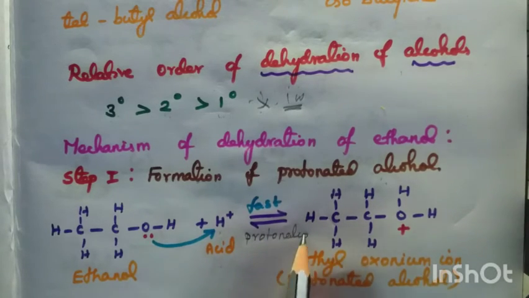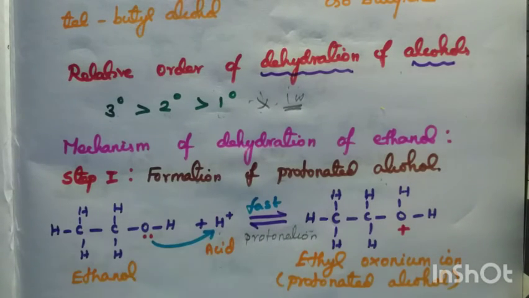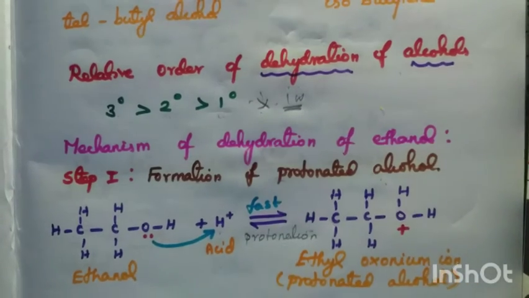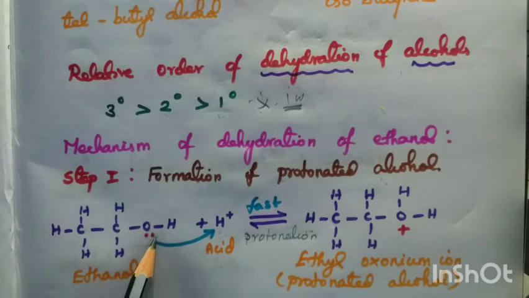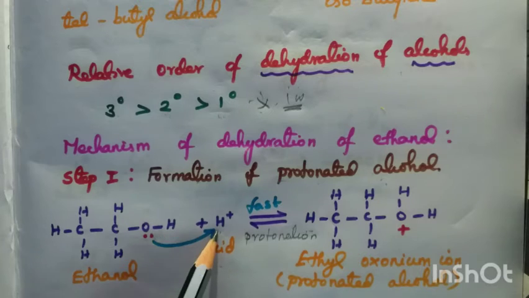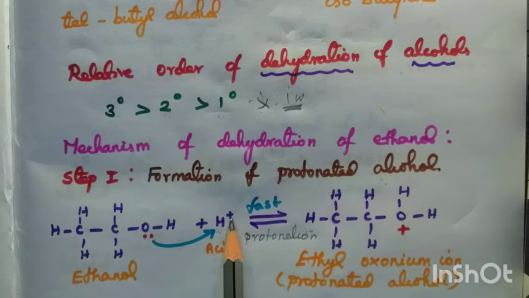Protonation means addition of H plus. So oxygen has a lone pair, no? This donates the lone pair electron to hydrogen and becomes plus.